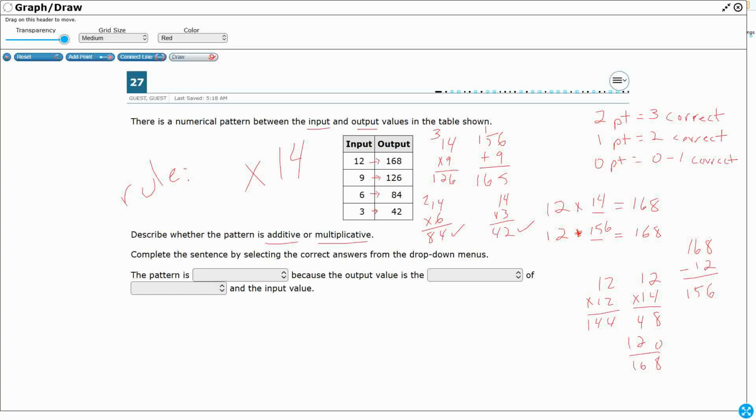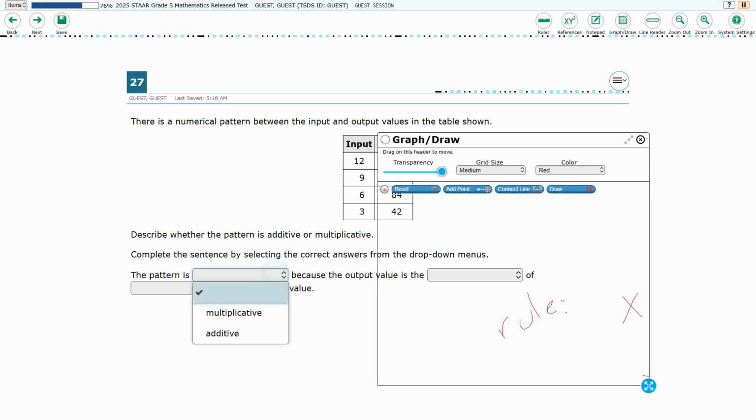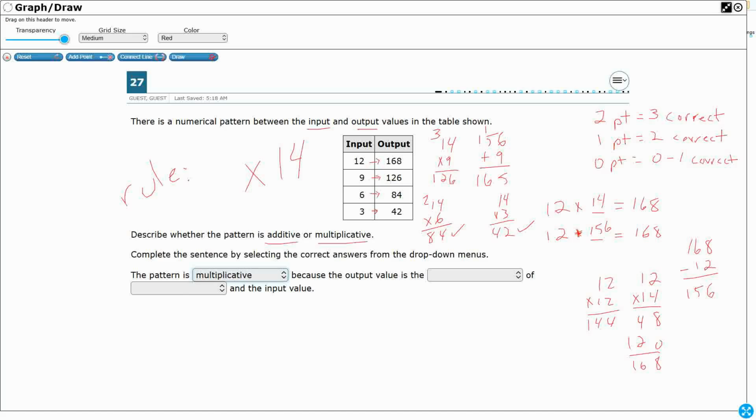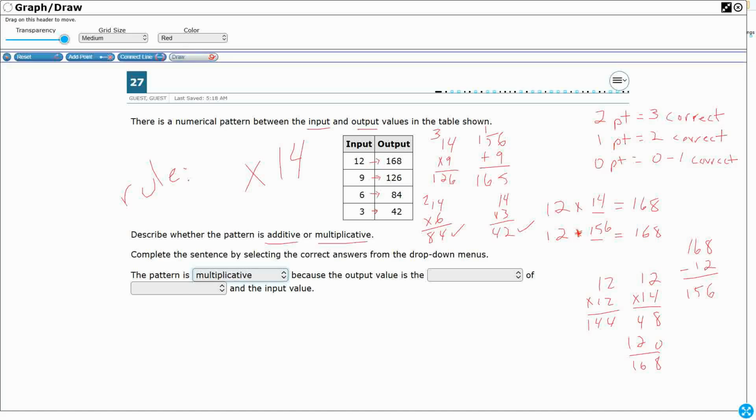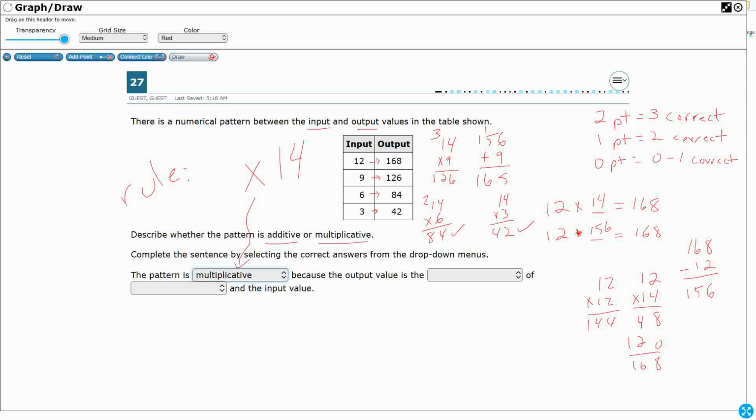But knowing that doesn't help. Now we need to put it into words. Okay, so complete the sentence by selecting the correct answers from the drop-down menus. The pattern is additive or multiplicative. Well, we said it was multiplicative because we're multiplying by 14, so that's why it's multiplicative.